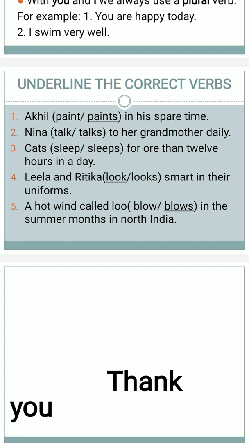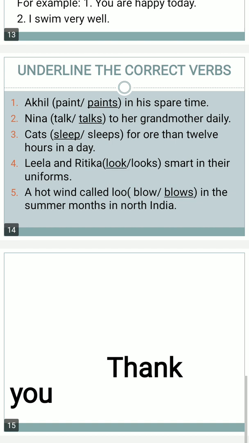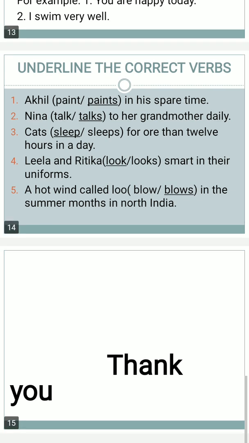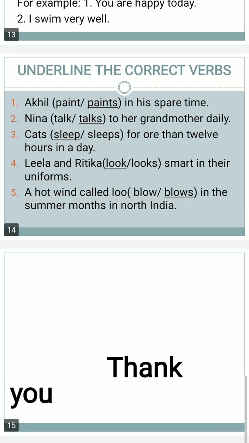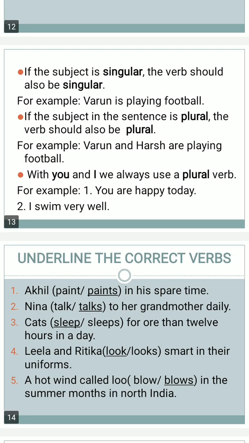Now whenever you are talking about a single person, one person or one thing, then the action word would be plural every time. But this doesn't come under the subject verb agreement. Here we were talking about how, in the subject verb agreement, if the subject is singular, the verb should be singular, and if the subject is plural, the verb should also be plural.